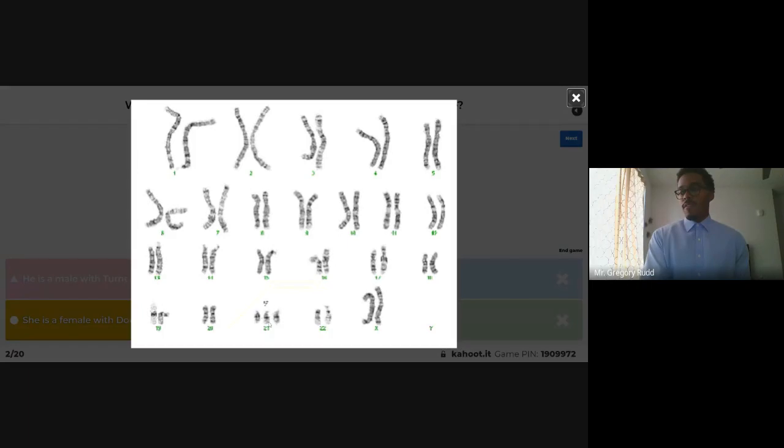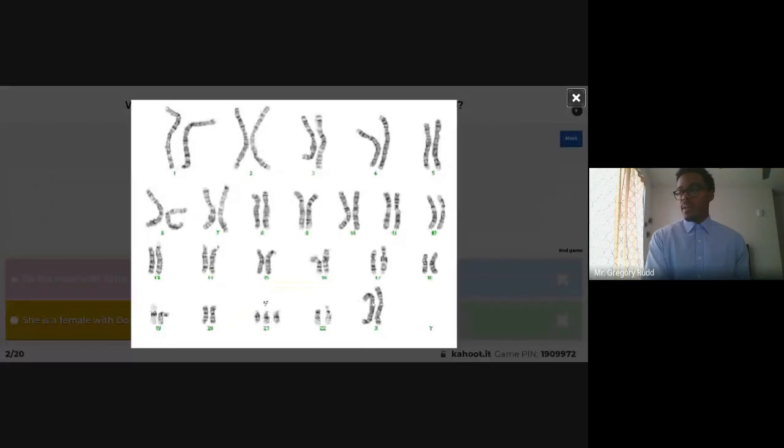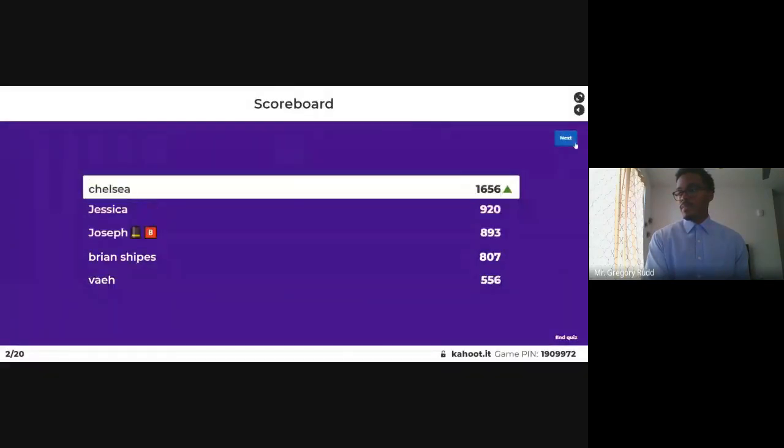Here, if we look at the 21st position, there are 1, 2, 3 chromosomes. So that's an abnormality. This is an abnormality called trisomy 21, and it leads to Down syndrome. All right, but really you could have figured this out if you first determined that she was a female. This person is a female. Good job, Chelsea.